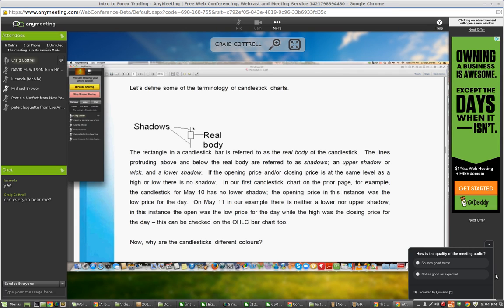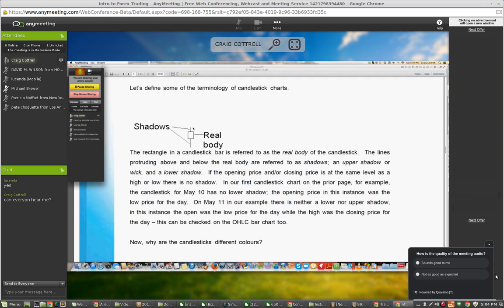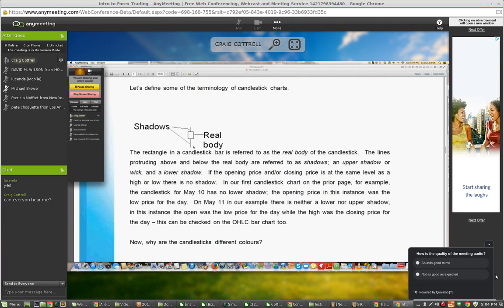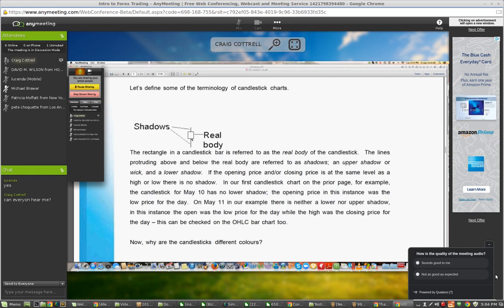Once again, the body tells you where the price opened for that time frame and where it closed. And the wicks show the high and low for that time period. For example, on this one, the bottom of the body is where the price opened. On this particular candle, the price increased for this time period.